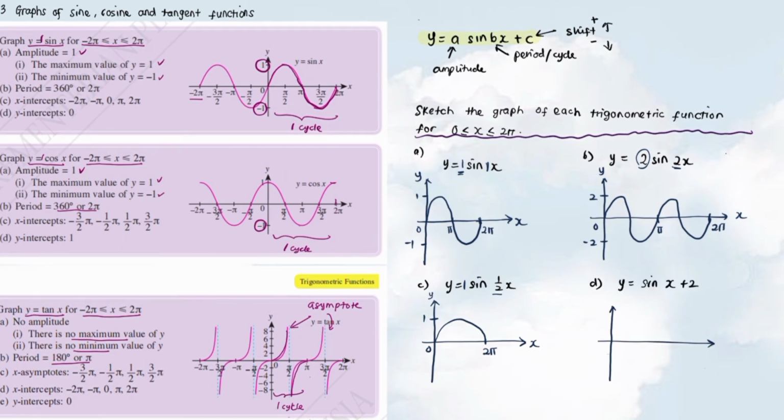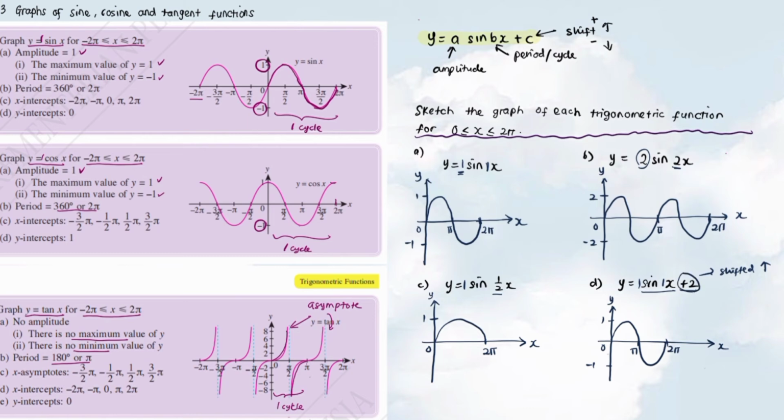Next graph is y equals sin x plus 2. If you see that plus 2, it means that the graph will be shifted upwards. So draw the graph of sin x with one cycle because the period is 1, 2 pi, pi, 0, and the amplitude is 1 and negative 1.